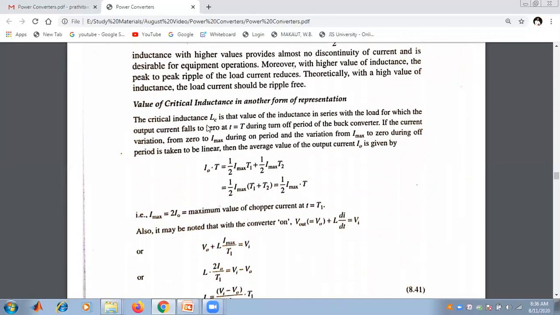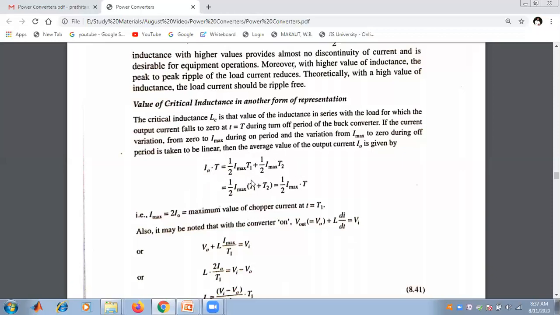The critical inductance, that is LC, is the value of the inductance in series with the load for which the output current falls to zero at time t equal to T during the off period of the buck converter. If the current variation from 0 to Imax during the on period and from Imax to 0 during the off period is taken to be linear, the average value of the output current is given by that particular equation.